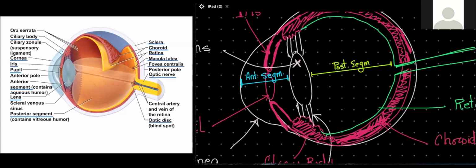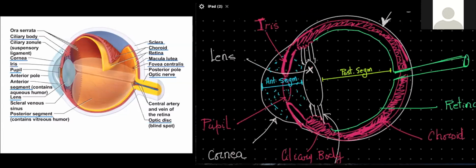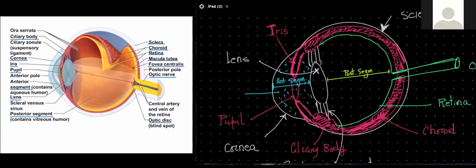The anterior segment is going to be filled with a watery substance. We call this watery substance filling the anterior segment of the eye my aqueous humor.